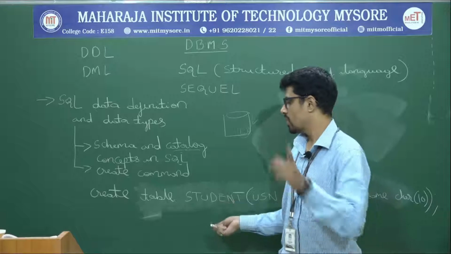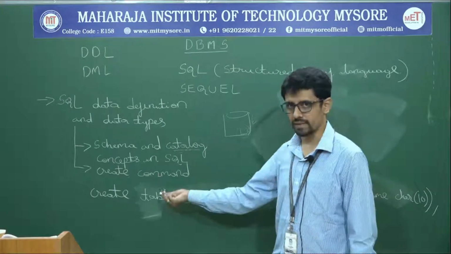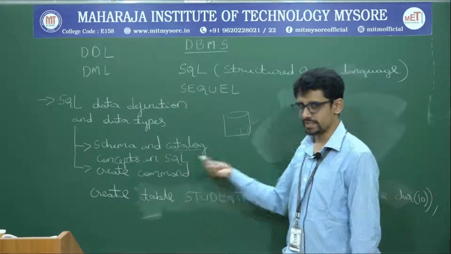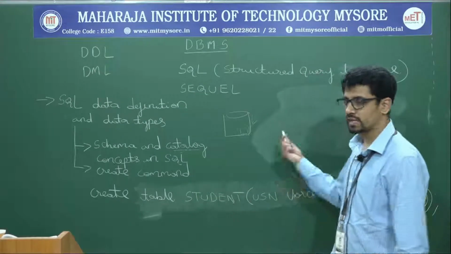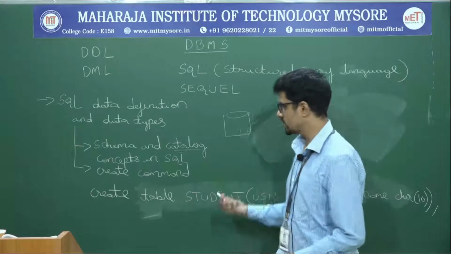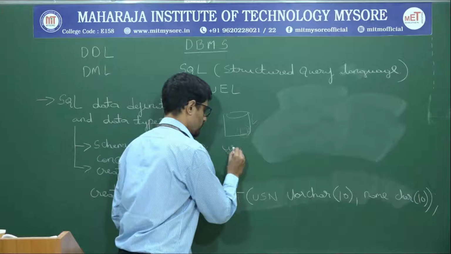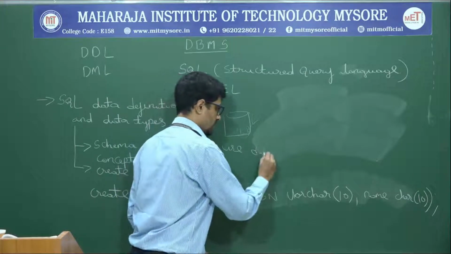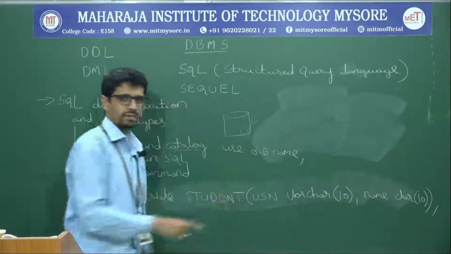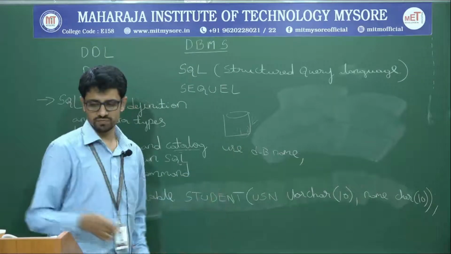Or else, after running the previous command, that is create schema college or create schema company authorization Arun, if you run this, it is automatically understood. Or, if you are using MySQL in your lab, you can use the command use followed by the database name, which might be college or company.